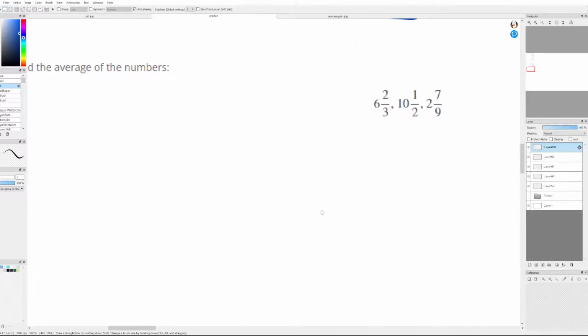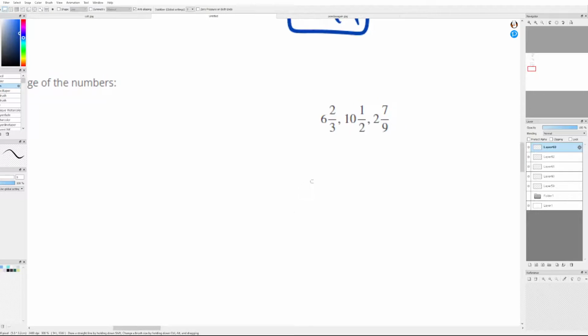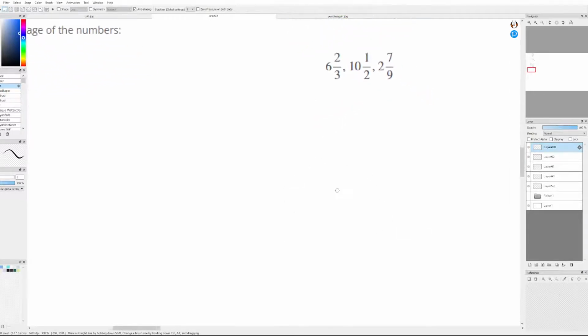You're going to see some of these on your exams, and they're really annoying. You can plug them into your calculator. We'll go through the two different ways. So plugging it into your calculator, I really recommend being really thorough with it. So instead of doing 6 divided by 3, or 6 parentheses 2 divided by 3, what you want to do is 6 plus parentheses 2 divided by 3.